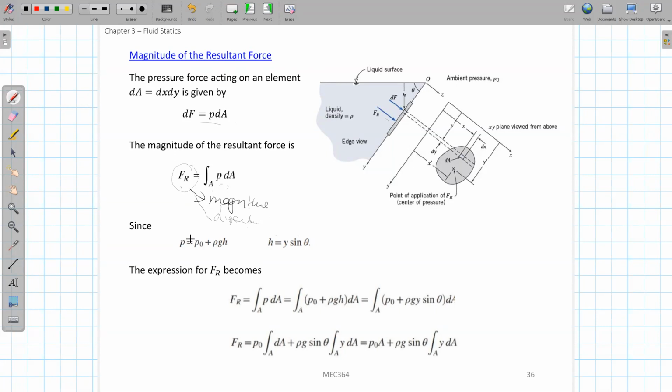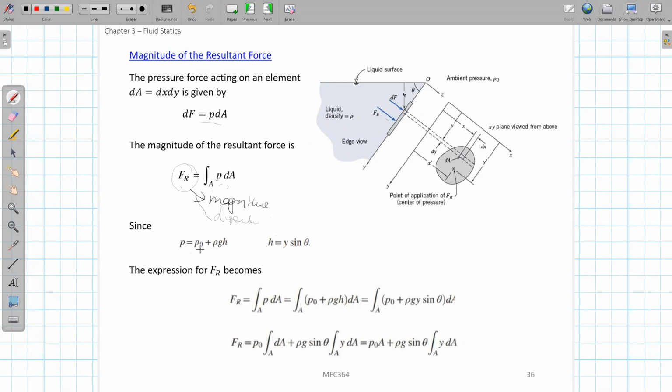Furthermore, we can derive this equation a little more. We can write this pressure using the pressure-depth correlation.